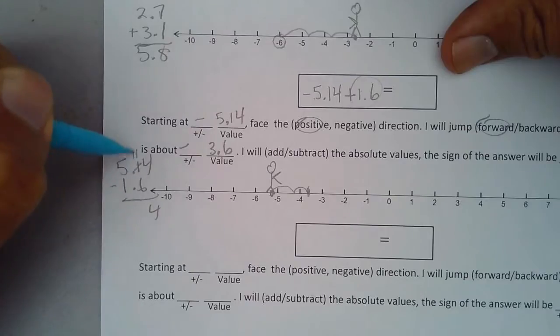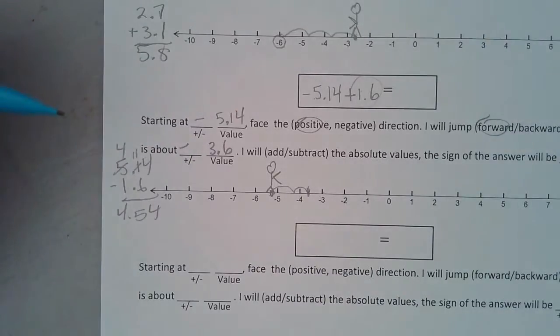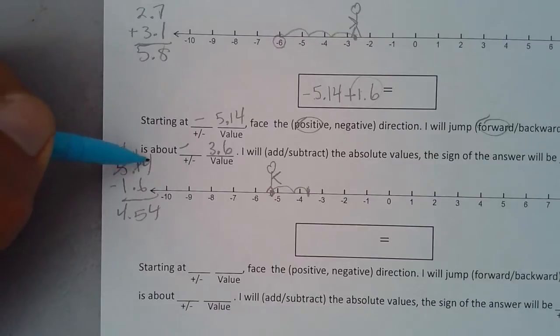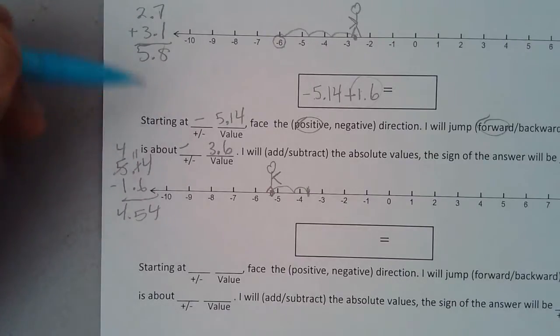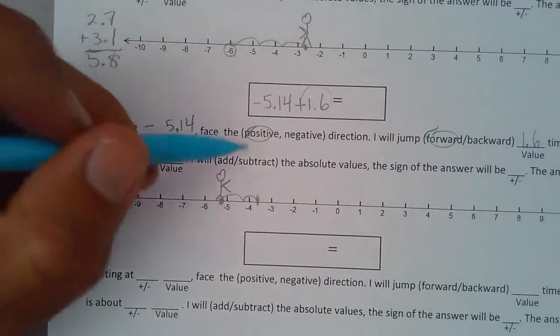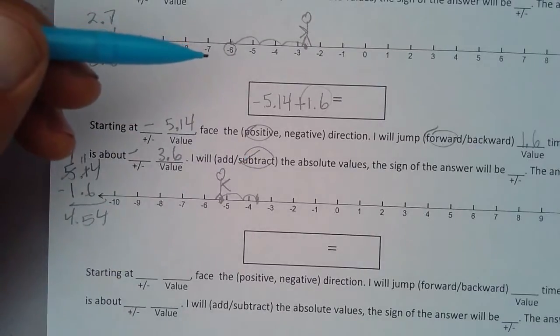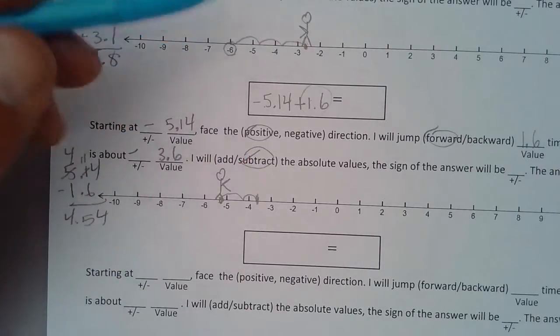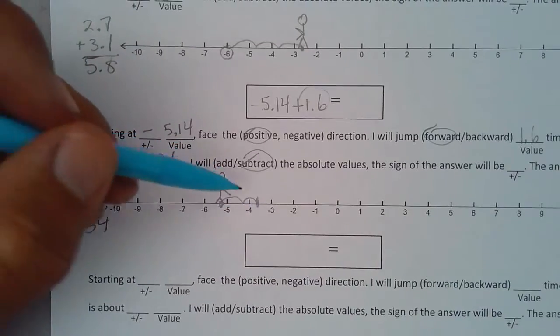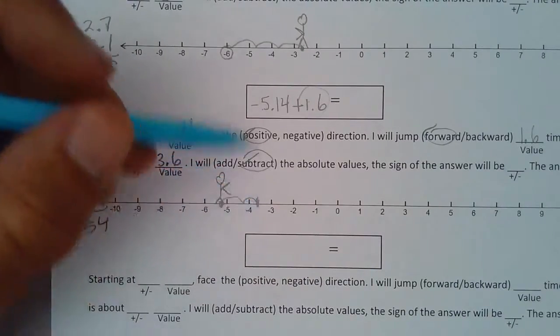This is 11 minus 6 is 5. And 4 minus 1 is 4. So I believe it'd be 4.54. I'll check that one more time. 4, 11, yeah, so 4.54. So I had to subtract these. And the sign of the answer is still negative.